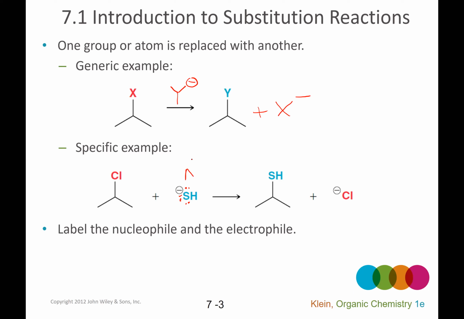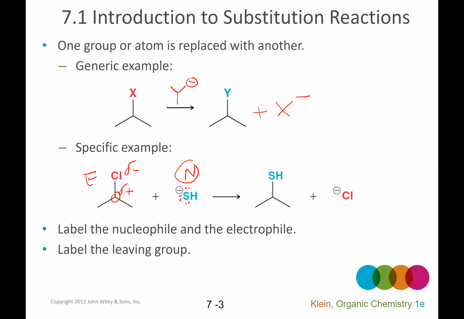That's the nucleophile. And the chlorine-carbon bond is polar, so carbon is the positive end of a bond dipole. That's the electrophile. Label the leaving group. You notice the Cl gets kicked out as chloride ion. So Cl is the leaving group. Whatever gets kicked out is the leaving group.